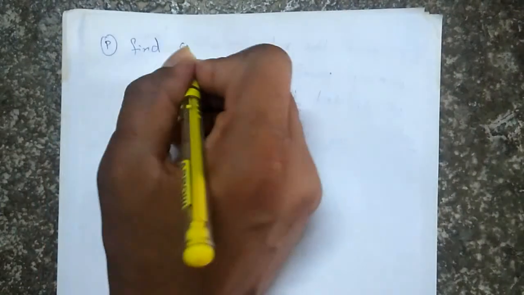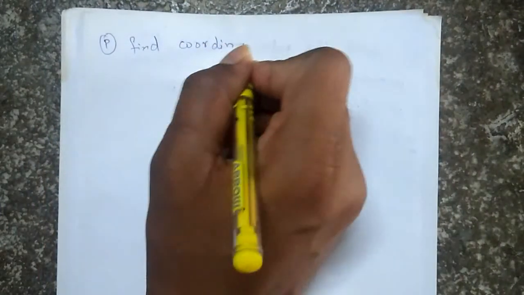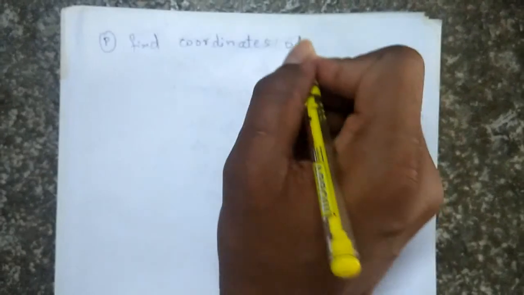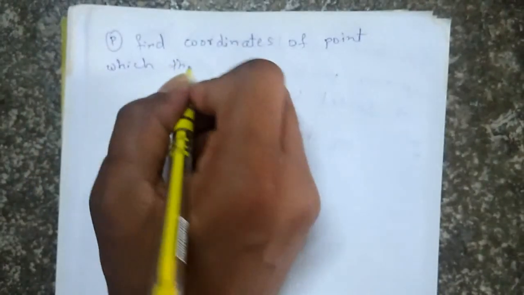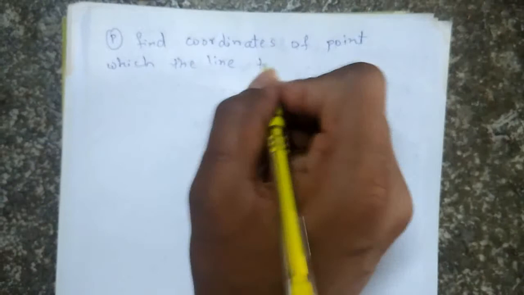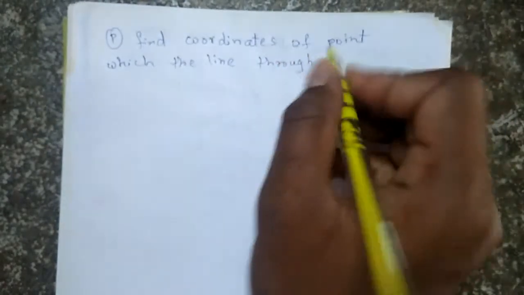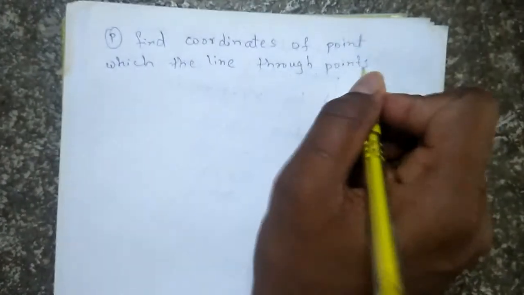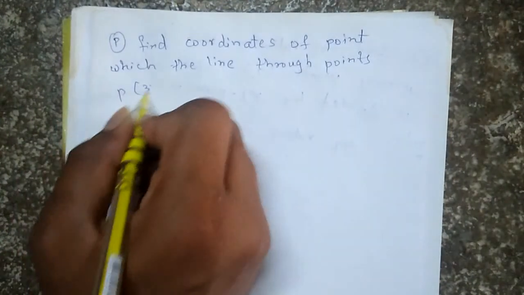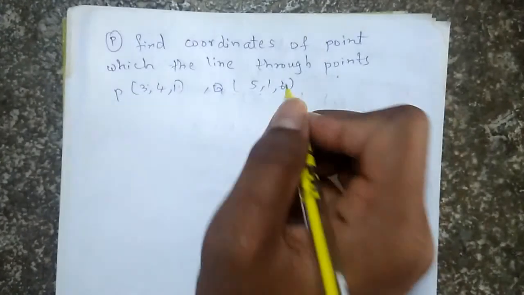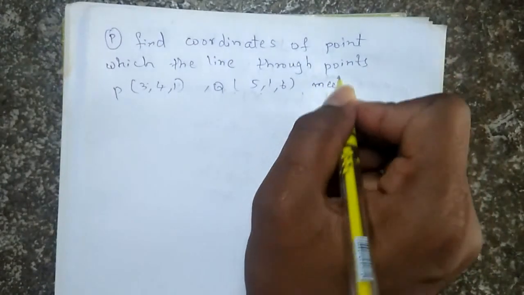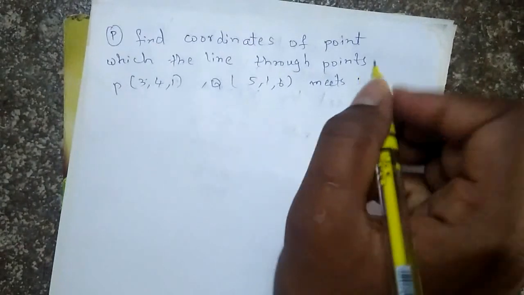Next problem, find the coordinates of the point which the line through the points P 3, 4, 1 and Q 5, 1, 6 meets the xy plane.